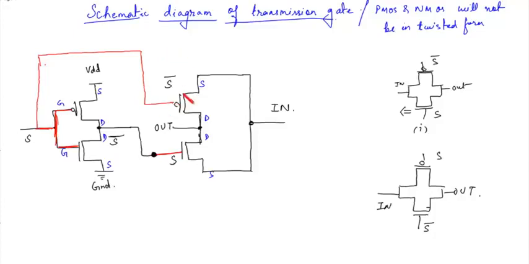This is S bar, this is S. This is for the second convention of the transmission gate. So we'll take the first one, or if you want we can take the second one also. We'll take this form, okay, or else we can take the first form only.